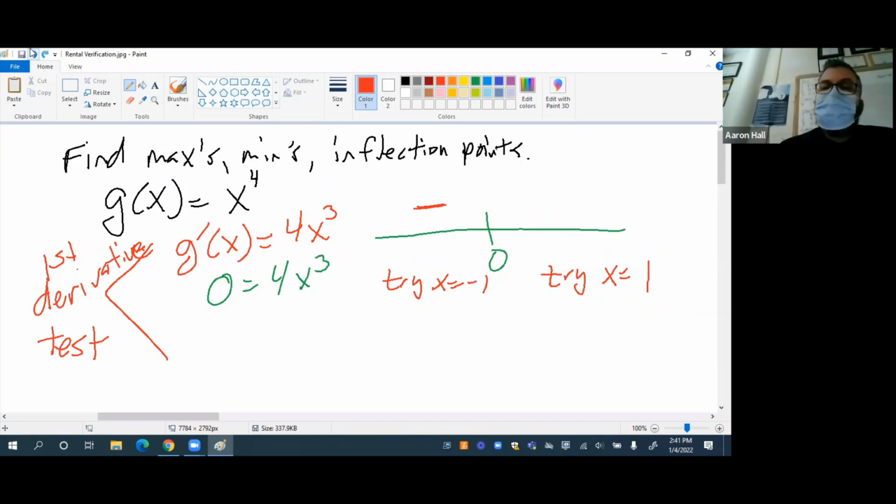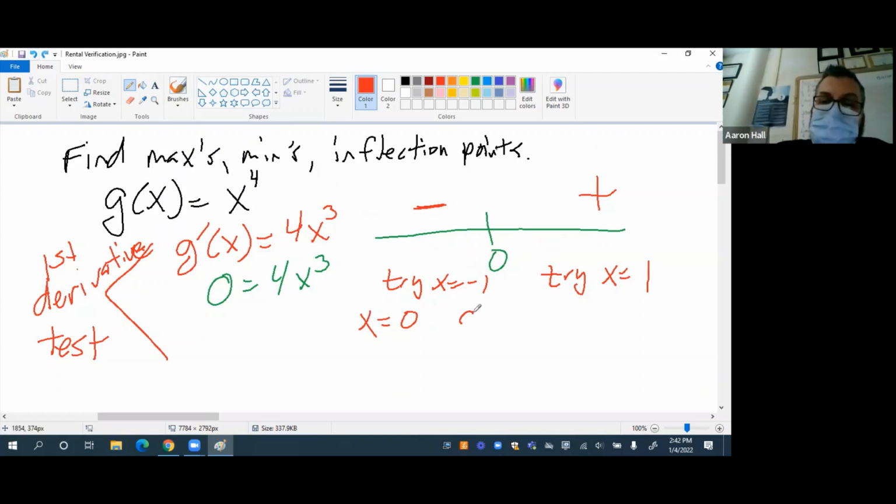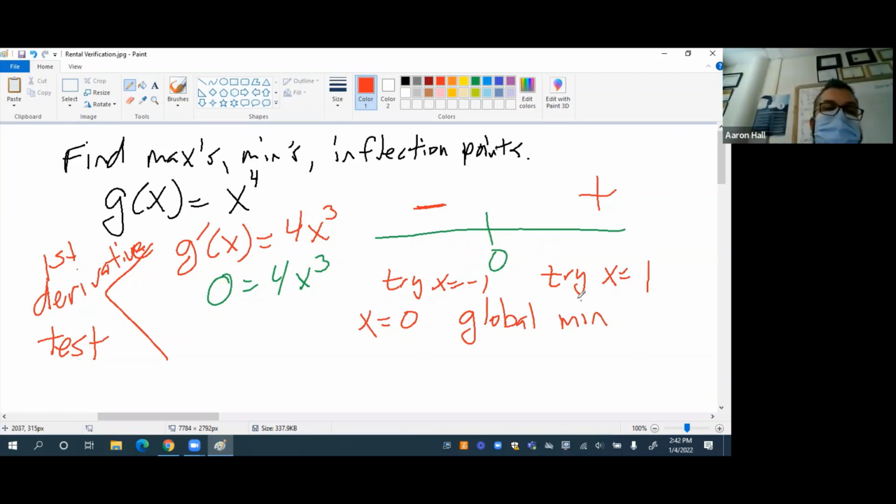So what does that mean x equals 0 is? It's a minimum. What kind of minimum? It's global. This is going to be a negative slope, followed by a positive slope. There's just one point where we get to that. We don't go back down there. So this is going to be a global min.